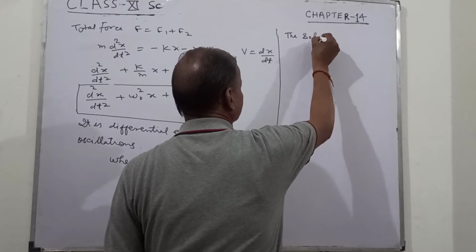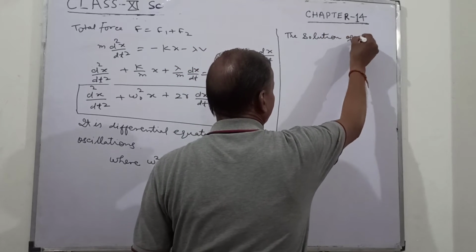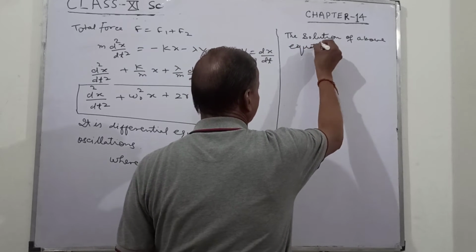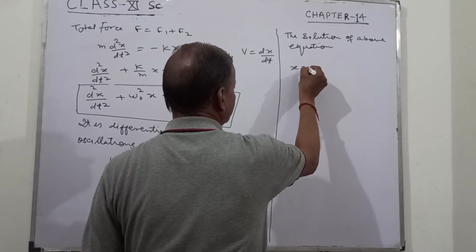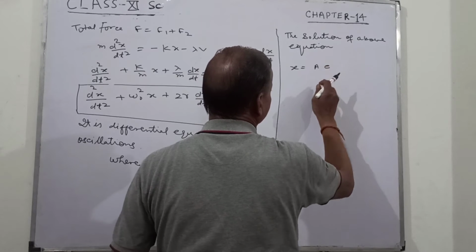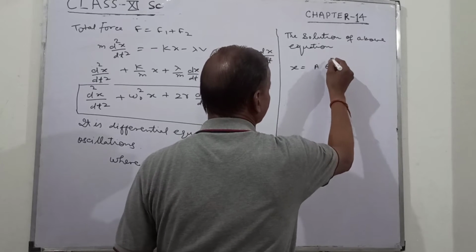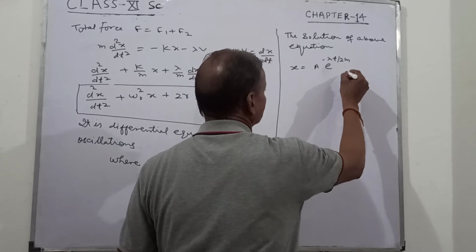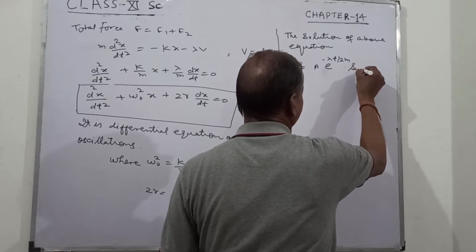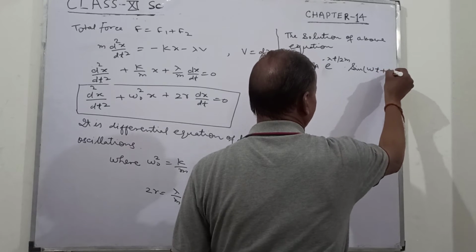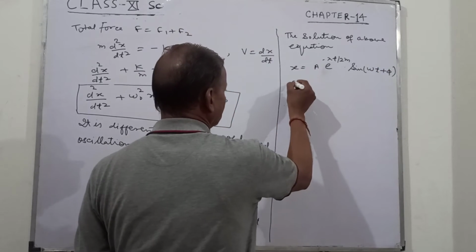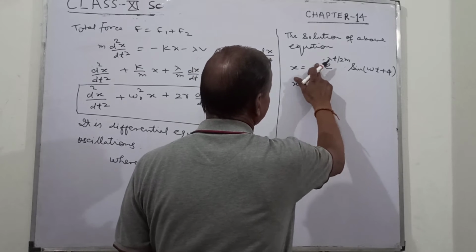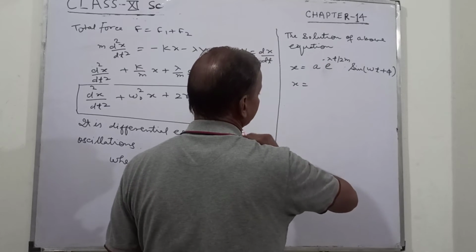The solution of the above equation is x equal to a e to the power minus lambda t upon 2m into sin omega t plus phi, or x equal to, here we take a constant small a in place of that.